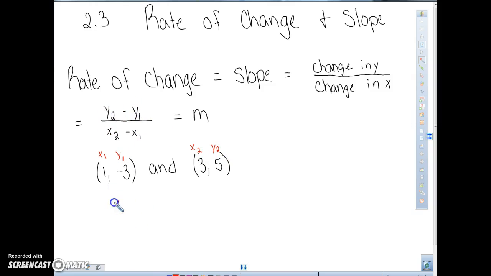So y2 is 5 minus y1, which is -3, divided by x2, which is 3, minus x1, which is 1. So 5 minus -3, or 5 plus 3, is 8, divided by 3 minus 1, which is 2. You always need to simplify this, so 8 divided by 2 is 4. And remember to box or circle your answer.